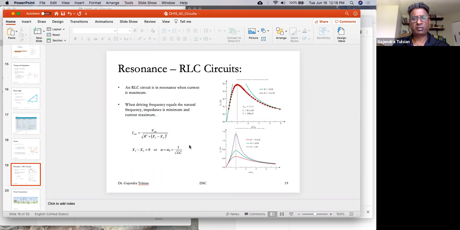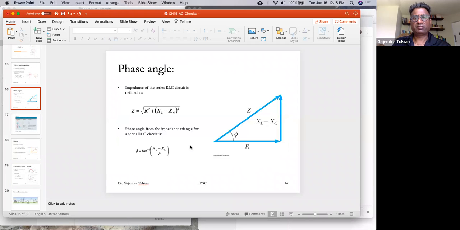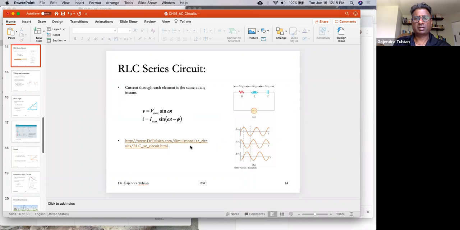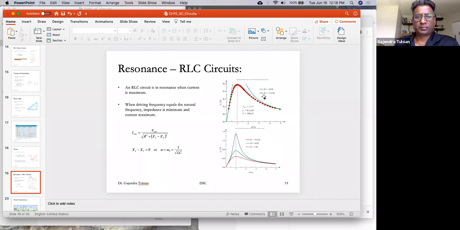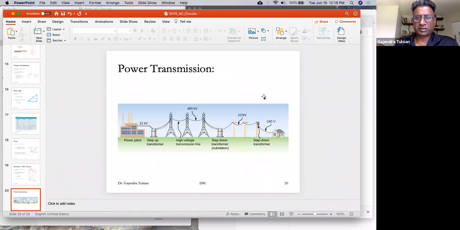At that frequency, maximum power is delivered to this circuit. So that's the resonant frequency.